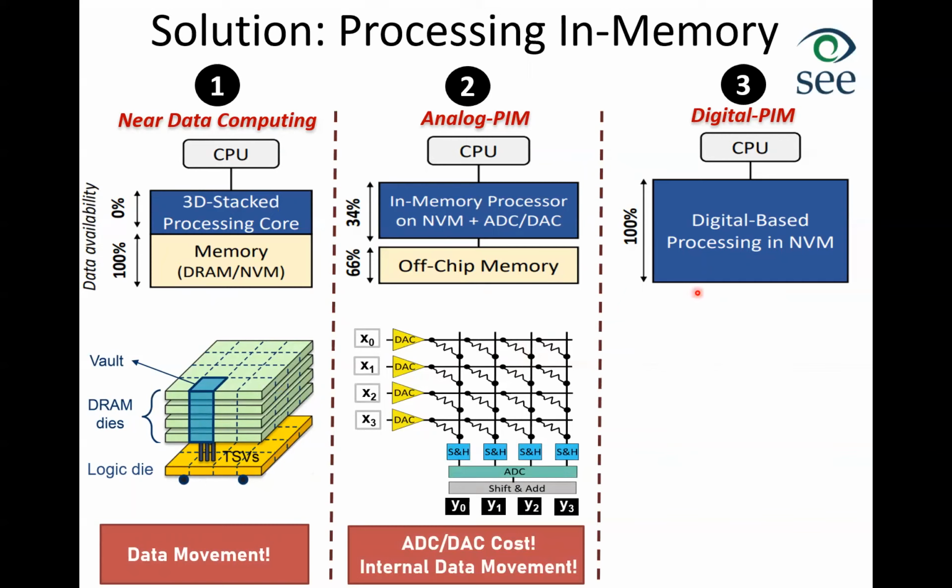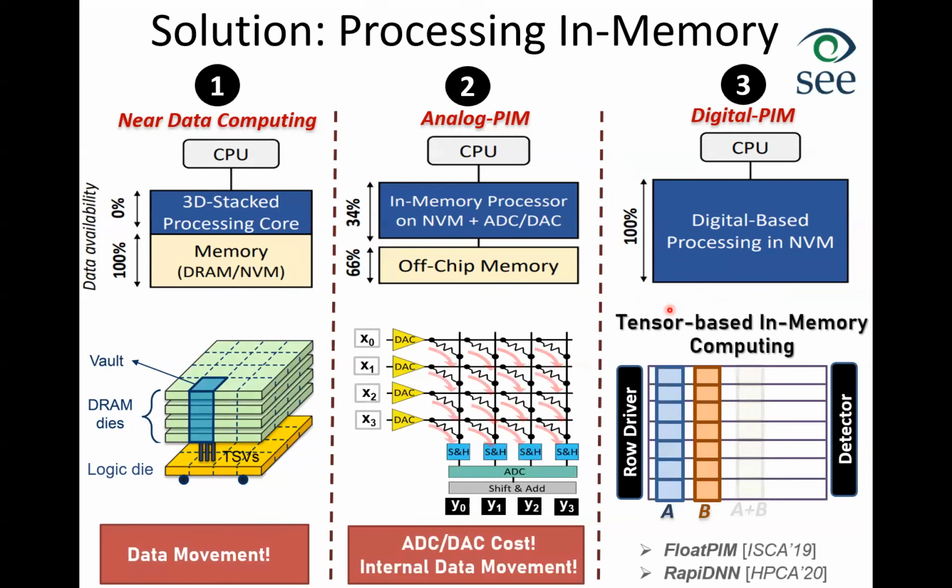So what we have proposed during the last few years, and there's a lot of other work too in the research community, with our focus mostly on emerging non-volatile memory, is digital-based processing in memory. In our ISCA 2019 paper, FloatPIM, we show how, with this architecture, we can support vector-based computation in non-volatile memory with no data movement or data transfer to analog space.